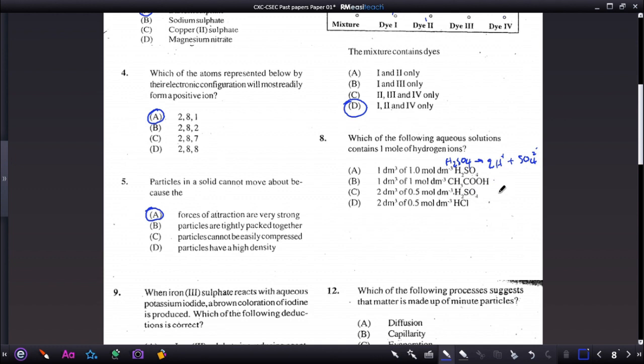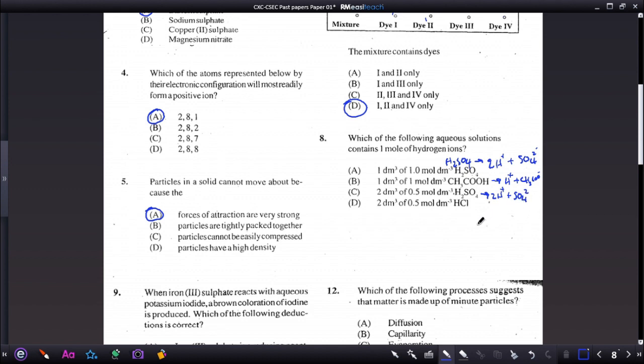For ethanoic acid, it dissociates into something less than 1 mole of H+, and the ethanoate ion, CH3COO-. Same thing for the sulfuric acid right here, 2 moles of hydroxonium ion plus the sulfate ion.